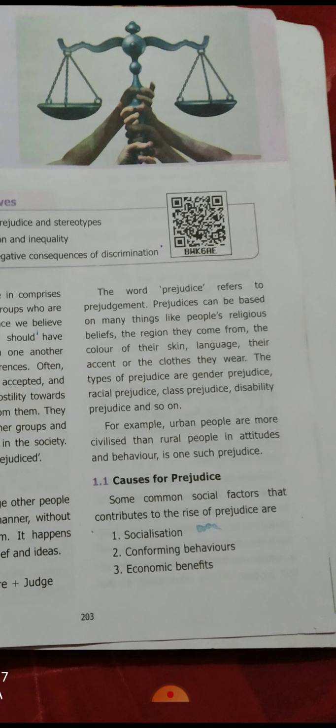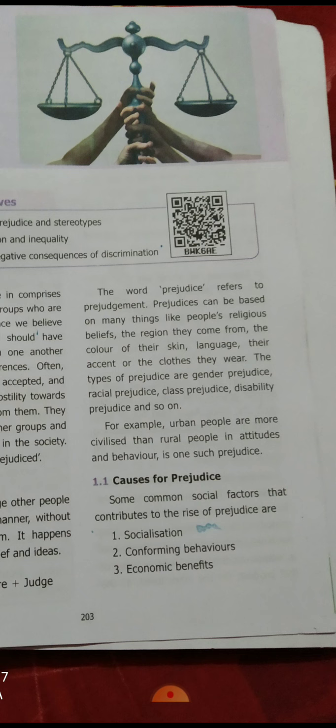The types of prejudice are gender prejudice, racial prejudice, class prejudice, disability prejudice, and so on. For example, urban people are more civilized than rural people in attitudes and behavior is one such prejudice.